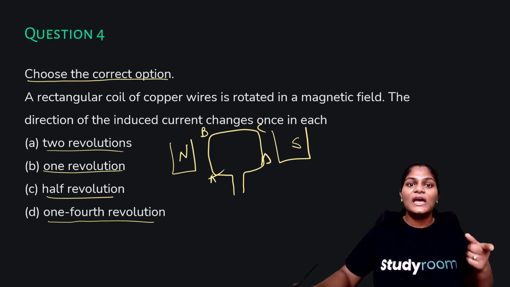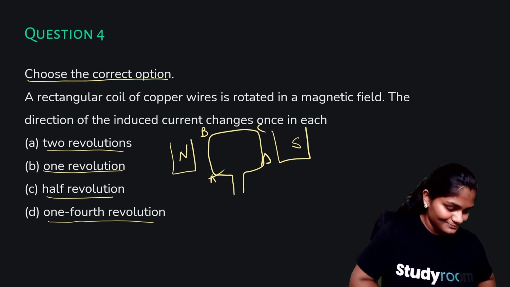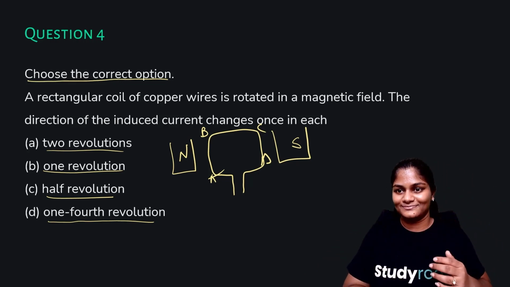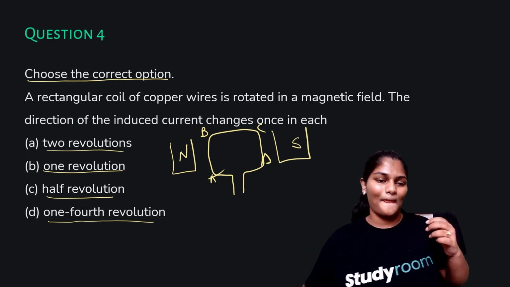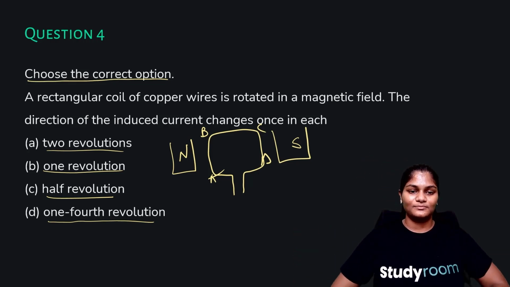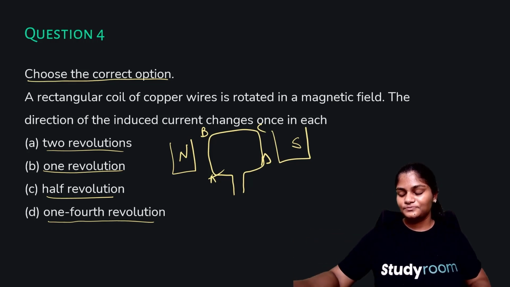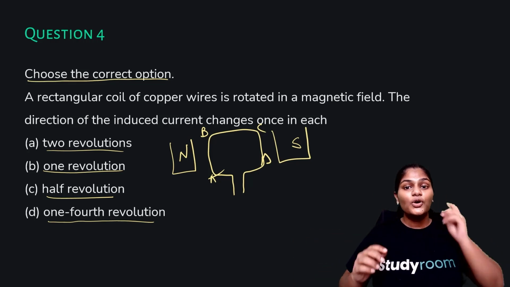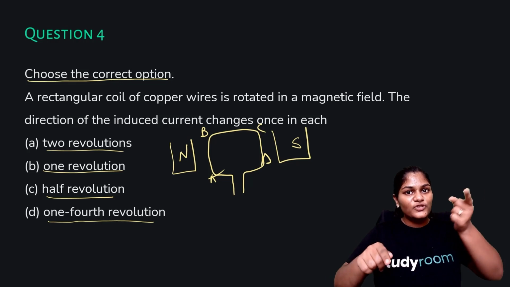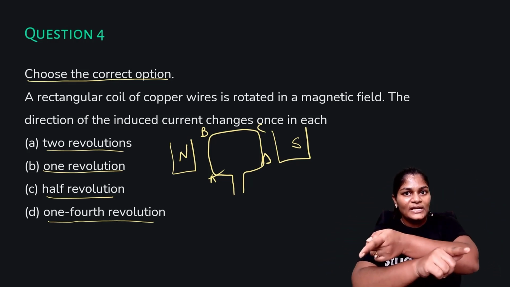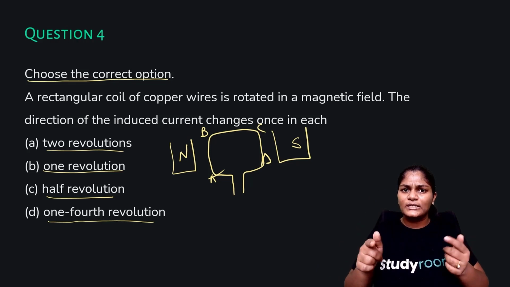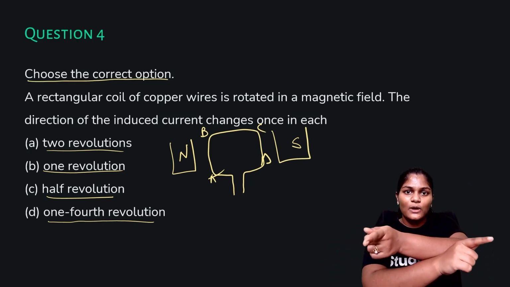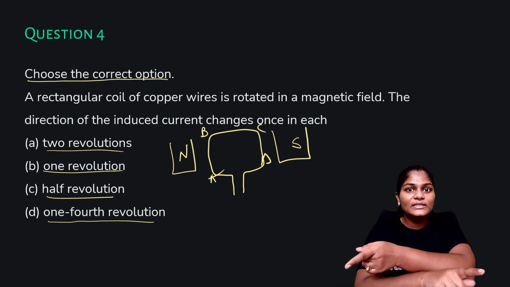So what happens? Has it come a full circle? AB moves up and CD moves down, right? And after that, the current reverses. Right now, it hasn't come a full circle.